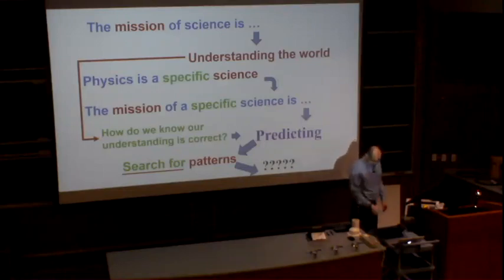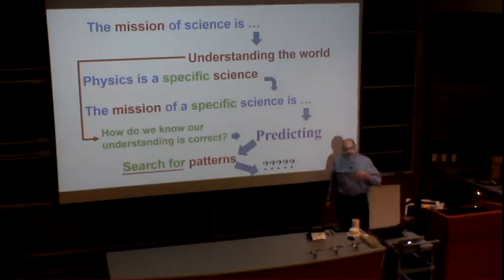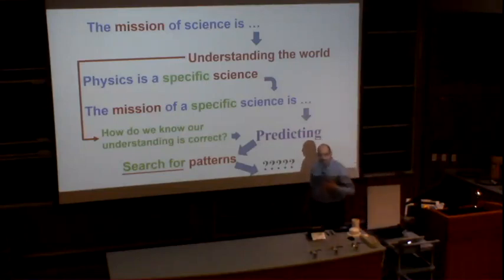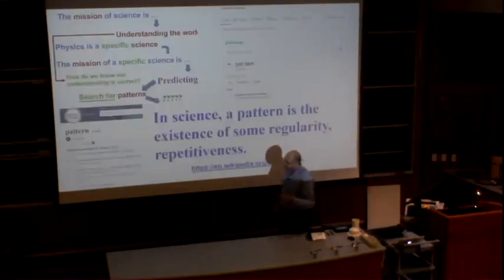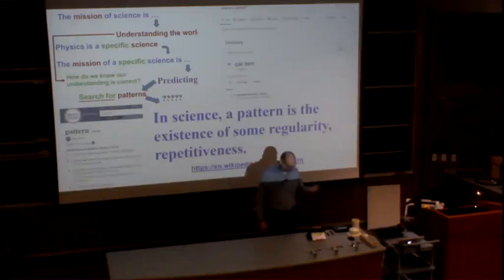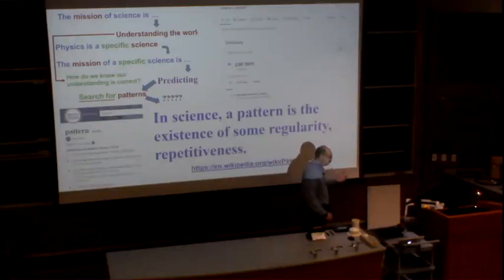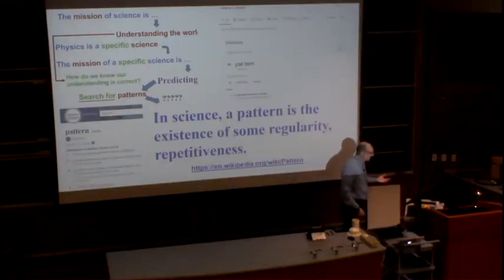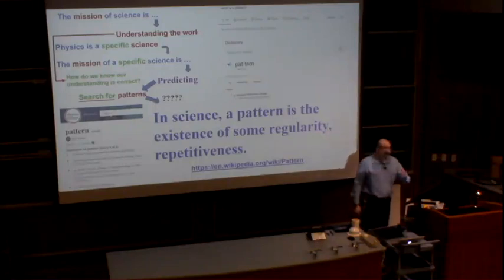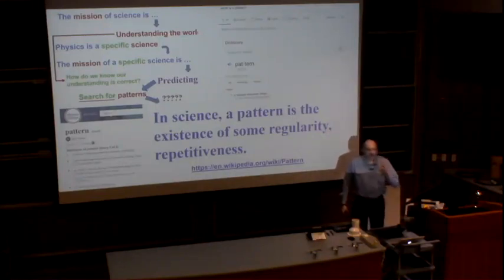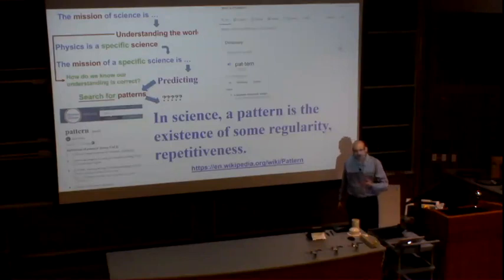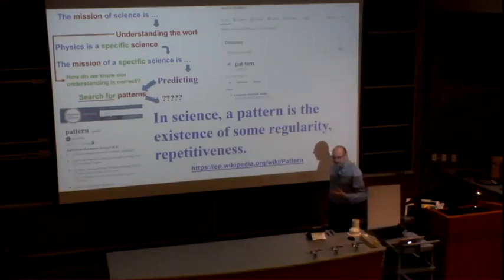And for that, I agree, we have to search for something that repeats itself. We call them patterns. And that regularity in space or in time is what we perceive, what we observe in the first place.